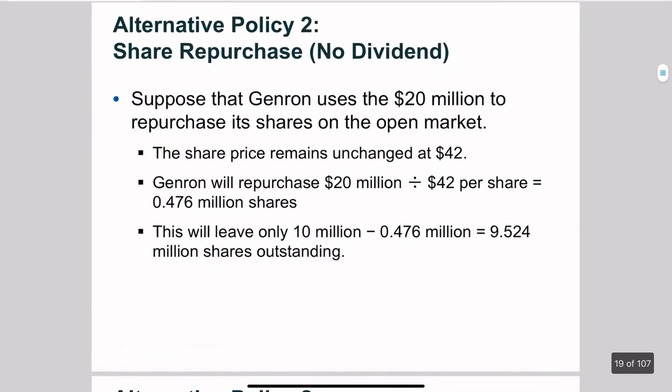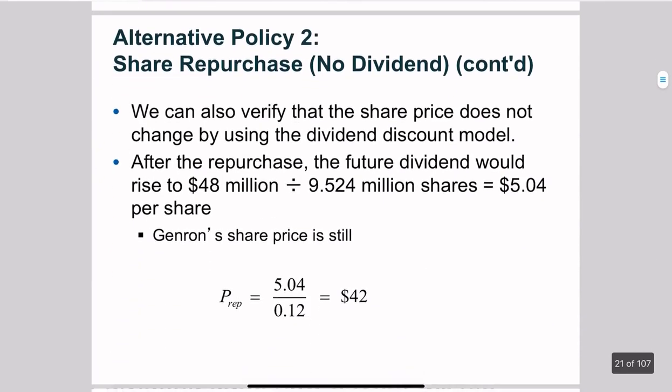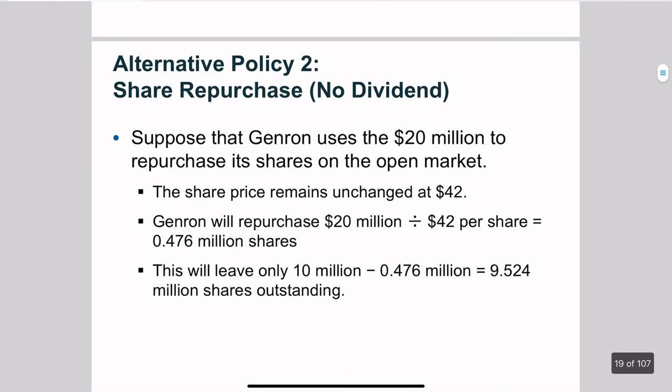Now let's talk about the second policy, which is to use share repurchase. In this case, the firm will use this $20 million to repurchase its shares on the open market.